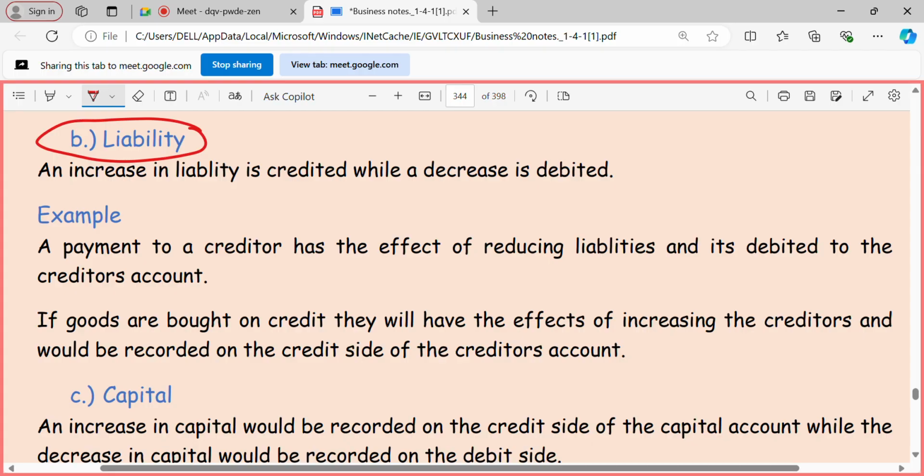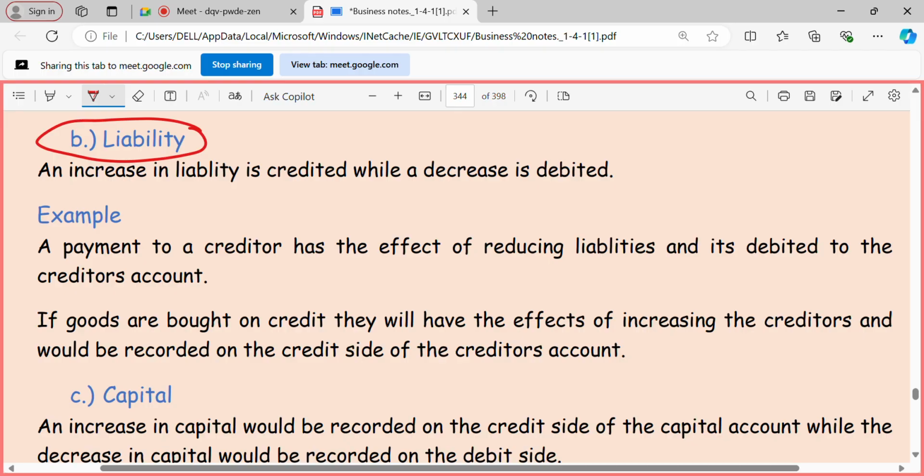Let's go to the second one, which is liability. And what is liability? Maybe for those who forget: liability is like loans. It is a form where you owe somebody. Let's say you have bought a car on loan.